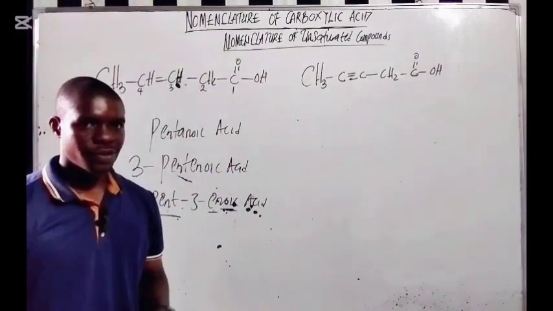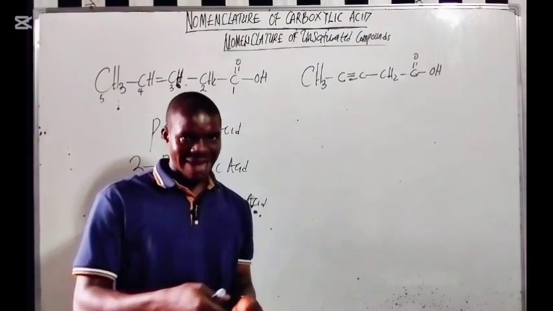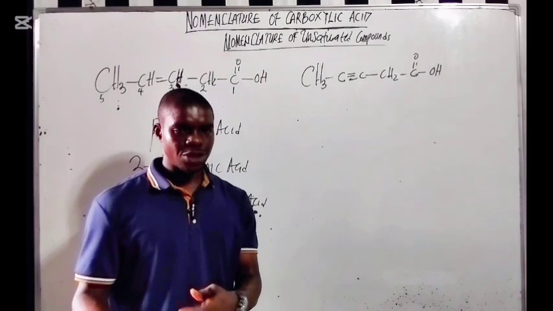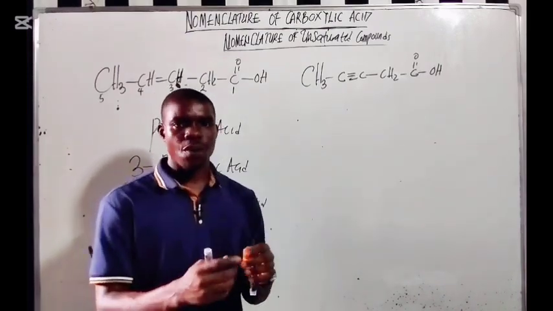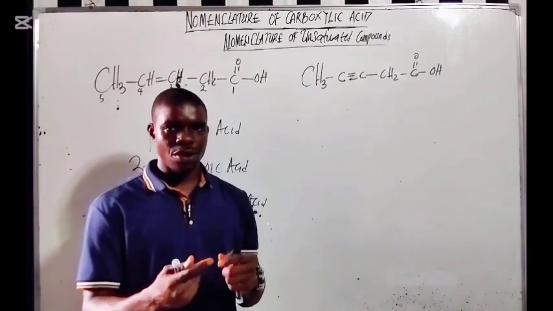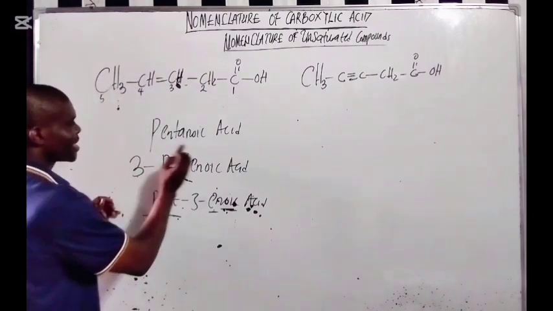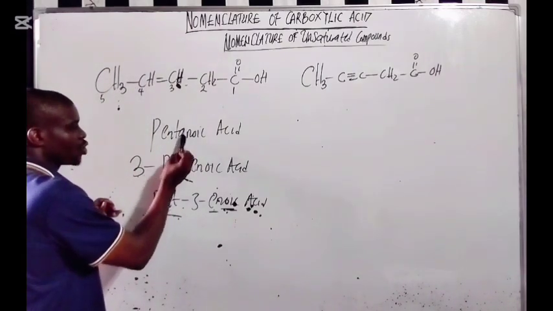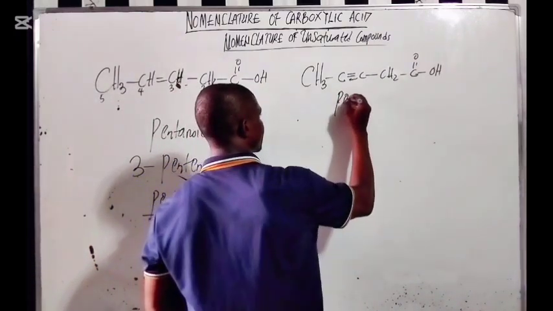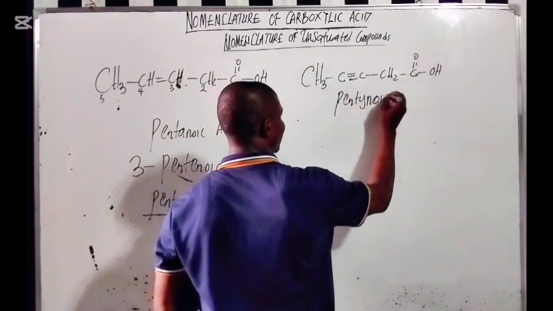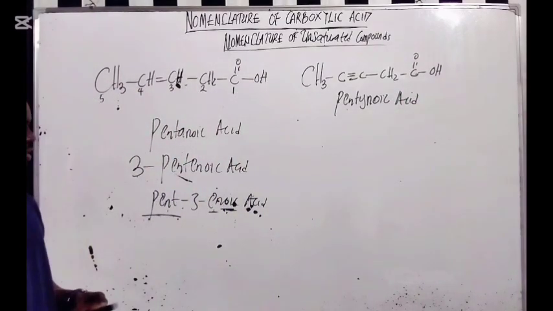Now the E is going to be Y. Remember, alkane is ANE, alkene is ENE, so alkyne will now become YNE. Normally this would be pentanoic acid, so the A here will now change to Y. So it's going to be pentynoic acid.